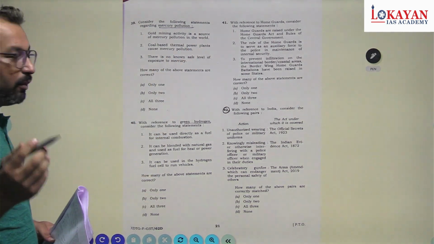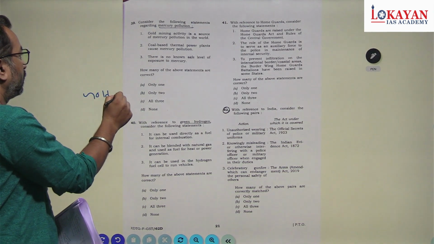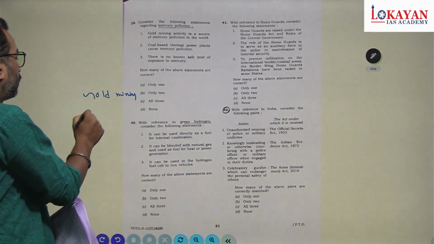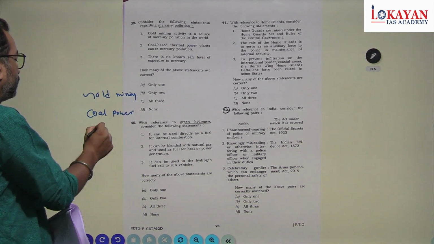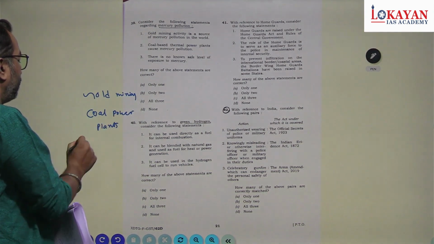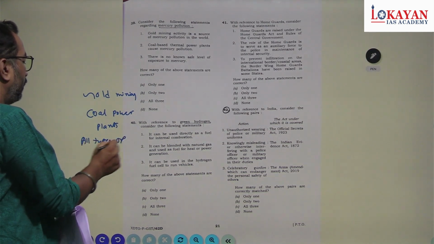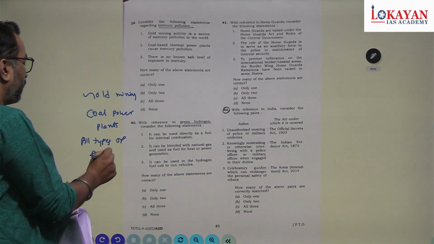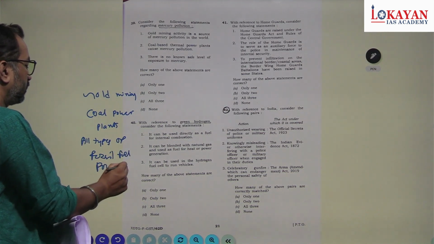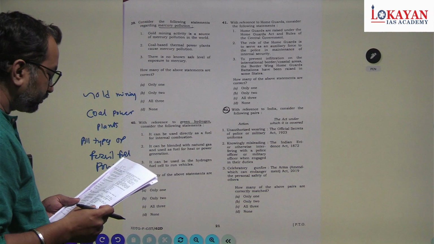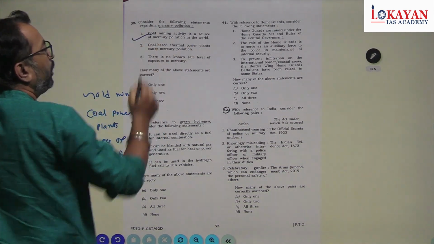Yes, sources of mercury pollution are gold mining, coal power plants, or all types of fossil fuel power plants, right?